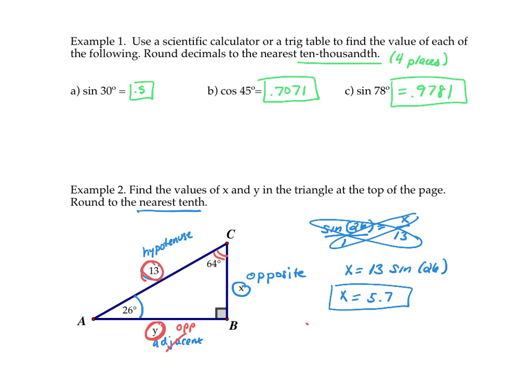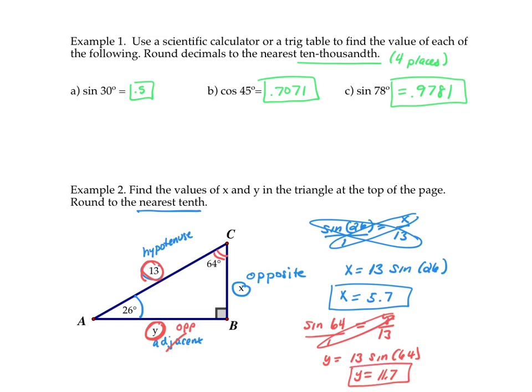So I can set this up as sine of 64, is equal to y over 13. And again, we'll cross multiply. So y times 1 is y. And that's equal to 13 sine 64. And when you type in 13 sine of 64 in your calculator, you should get 11.7.